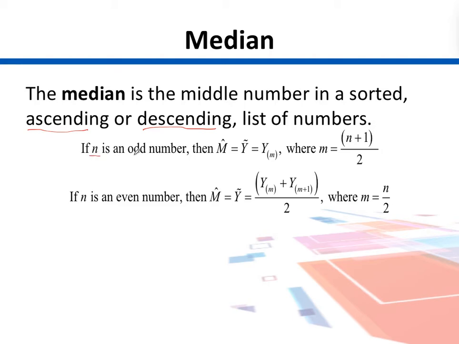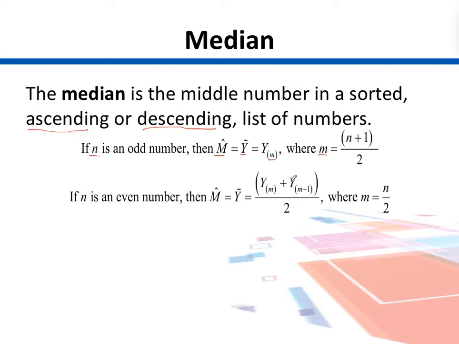If n is an odd number, then m hat, the estimate of the population median, we can get through the sample median, represented by y with a tilde over it. We get it from the number present in the middle. This m represents the location of that number, and if the list is odd, we can get it by (n plus 1) divided by 2.